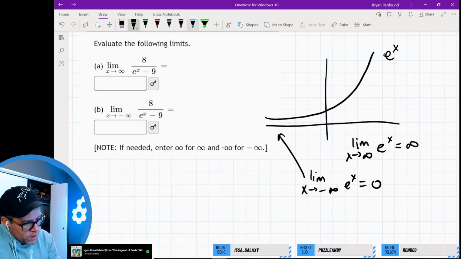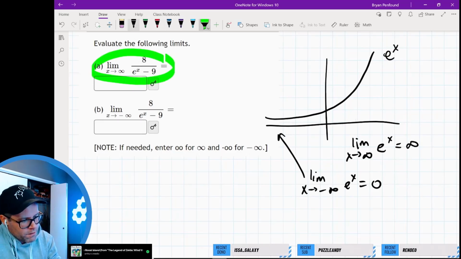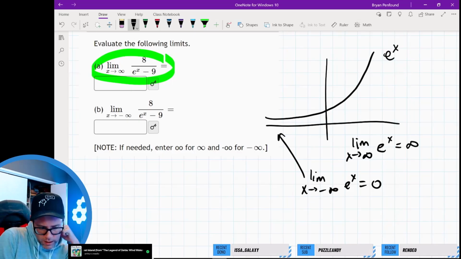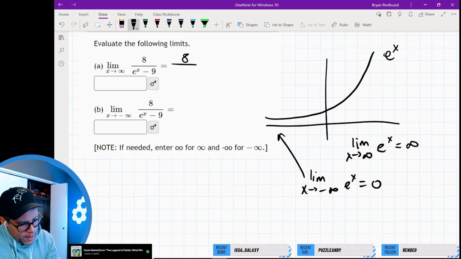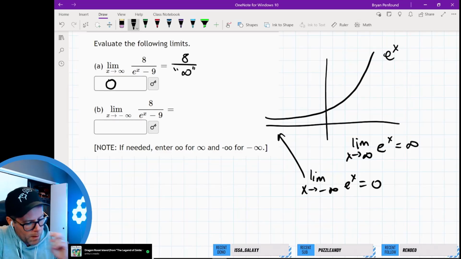So if we look at this one up here, and we're trying to figure out what's happening as e to the x gets really big, well, that means we're going to get something kind of like 8 over infinity, because our denominator is going to get huge. So this is going to tend towards 0, I think, right? Yeah, 8 over something really big.